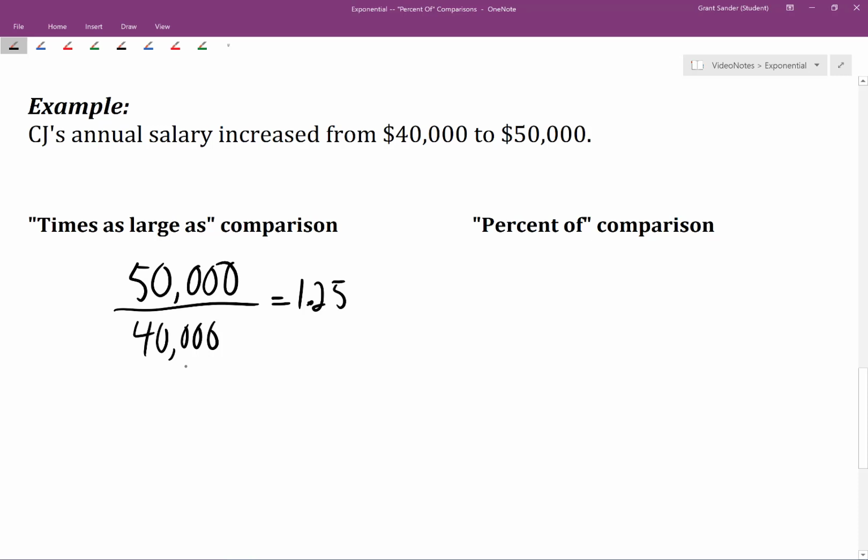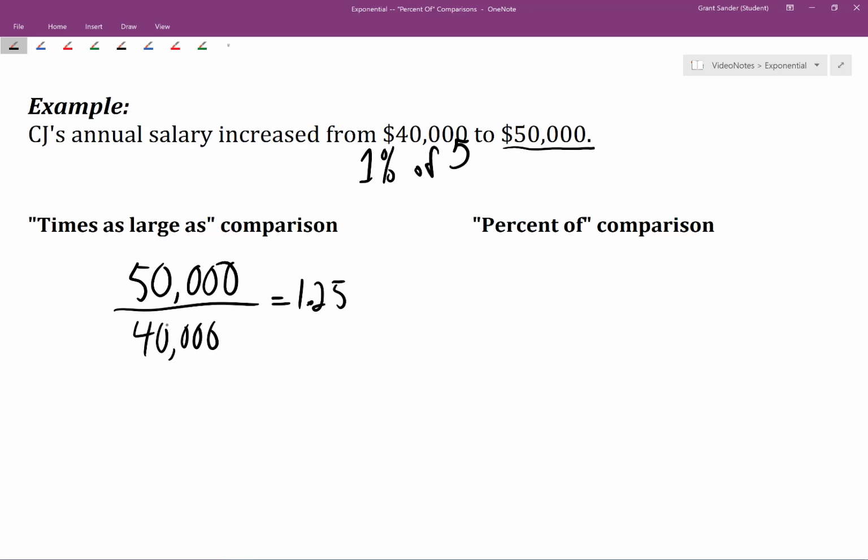Now, if we want to do a percent of comparison, then we would measure his new salary in units of 1% of his original salary. And 1% of his original salary is 1/100th of 40,000. So we measure this same 50,000 in units of something that's 1/100th times as large. Our measurement should be 100 times as large.